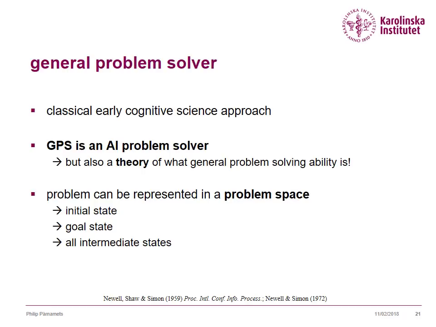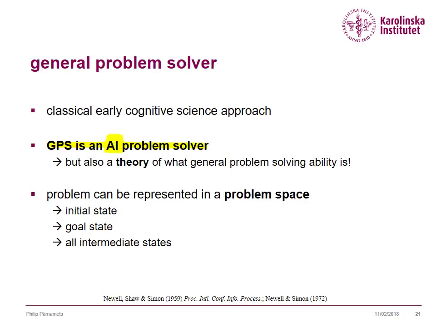And we're going to do so by first introducing and considering the general problem solver. The general problem solver represents a very early cognitive science approach to problem solving. The GPS, or general problem solver, is an AI problem solving, so artificial intelligence problem solving, so a computer that solves problems.